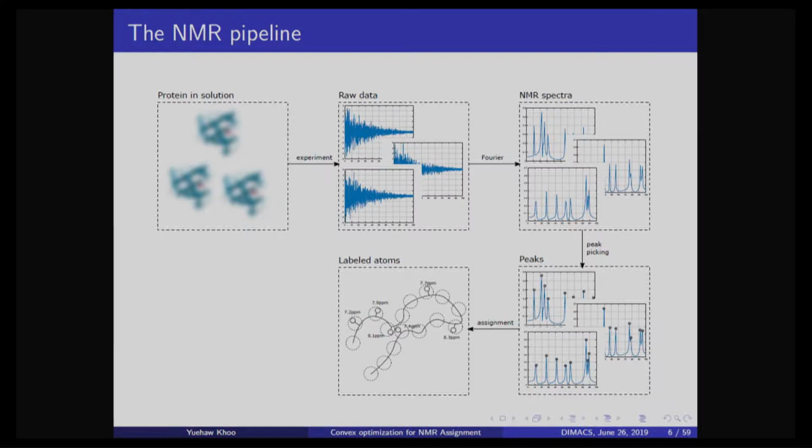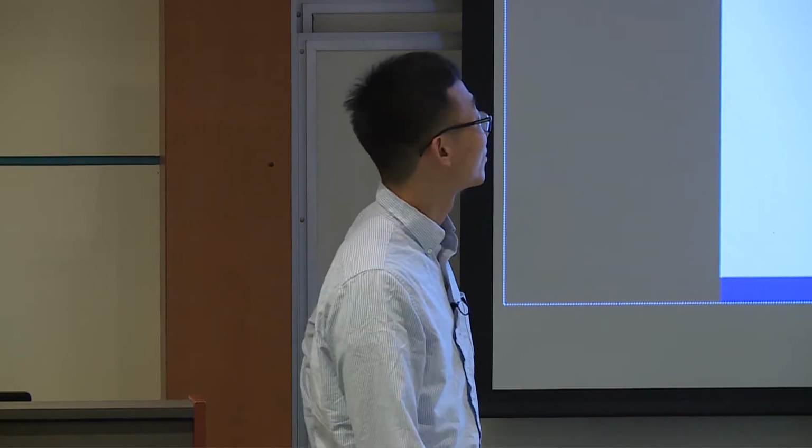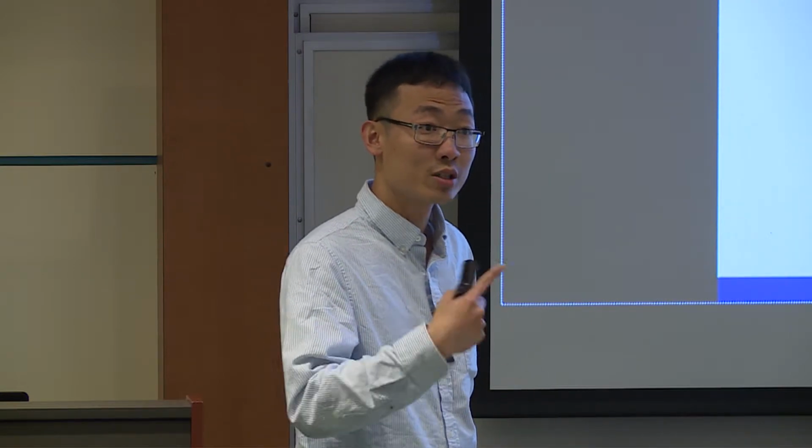Now, once you see this resonance peak, you want to label the... May I ask you something? I've always tried to understand this thing, and I've been told many times, but I still don't understand. The raw data comes from vibration. What is vibrating? The protein in the solution. So essentially, you give it some excitation with an electromagnetic pulse, and the spins will start doing precession.